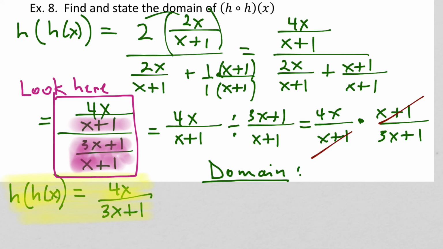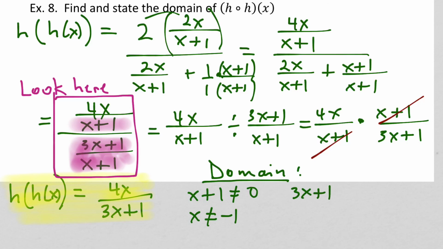The first thing we're going to look at is this x plus 1 here in the numerator. That x plus 1 cannot be 0. If x plus 1 cannot be equal to 0, then x cannot be equal to negative 1. So that's a domain restriction. Then the other thing we're dealing with is this entire bottom fraction, 3x plus 1 over x plus 1, which cannot be 0.